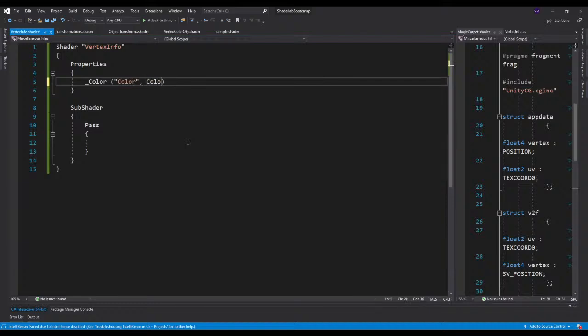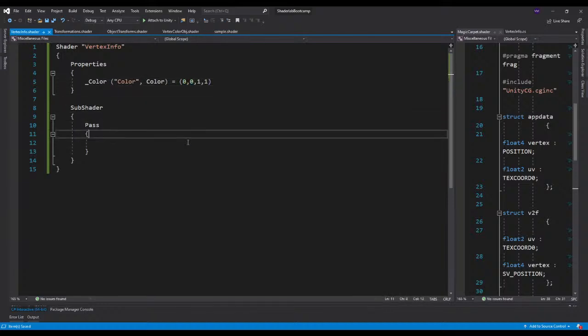So the type is Color. Unity understands Color, and this is going to be white color. All right. That's it. Or let's put it as a blue color. Okay. Now, with the basic shader pipeline that we had discussed earlier, right?